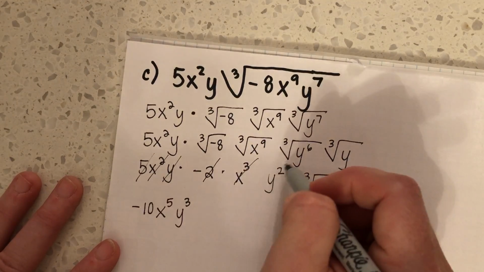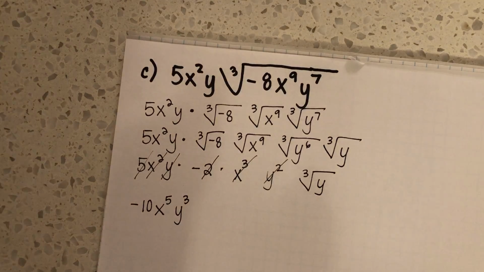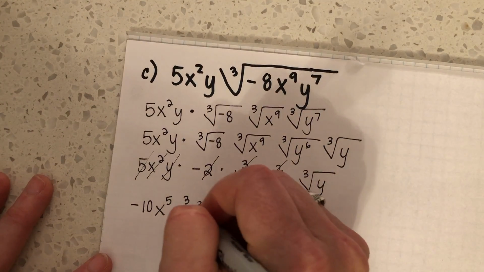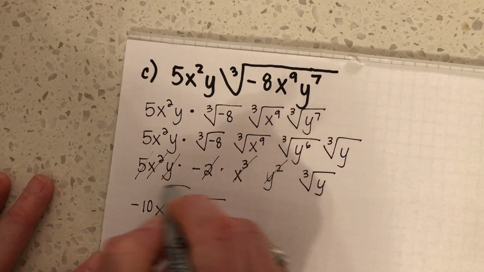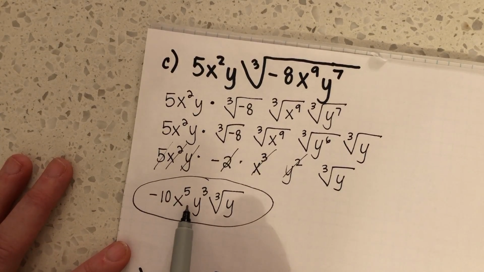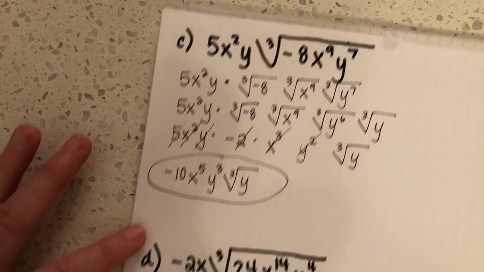Then you would multiply anything that's under a radical together and put it under one radical. But the only thing left under a radical is the third root of y. And that is your finished answer: negative 10 times x to the 5th times y to the third times the third root of y. Okay? All right, how about this one?